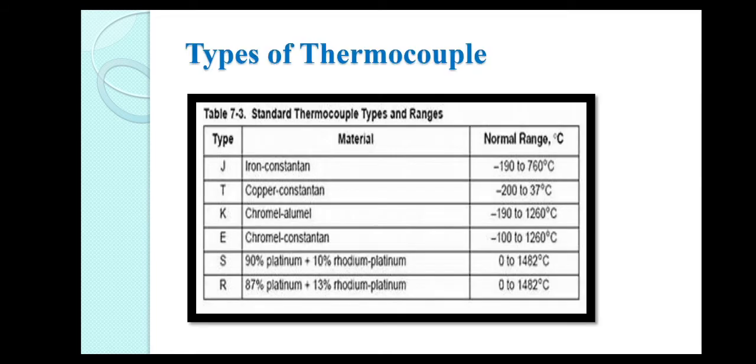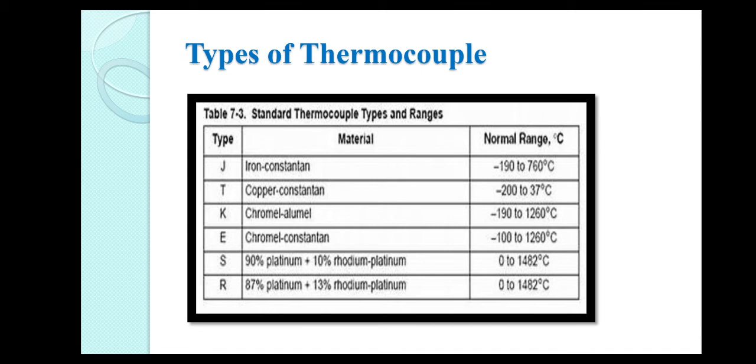There are these types of thermocouple: J type, T type, K type, E type, S type and R type. These types of thermocouple depend on the material pair and temperature range. As you see here, the J type thermocouple uses iron and constantan, and its temperature range is minus 190 to 760 degrees Celsius.